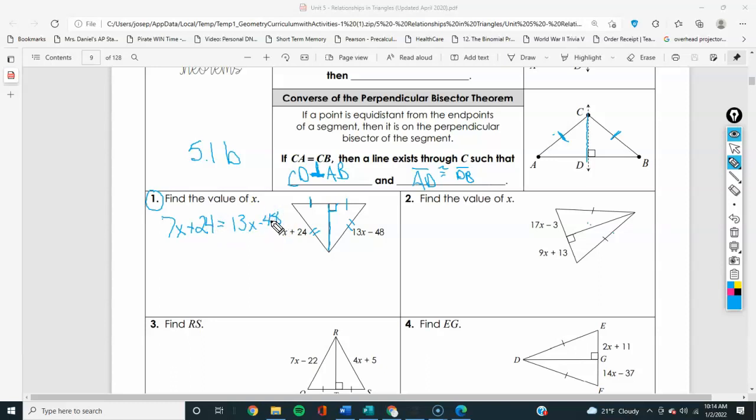Alright, and using some fancy algebra, I get 72 equals 6x, or x equals 12. 12 equals x, same thing. Alright, not so bad.